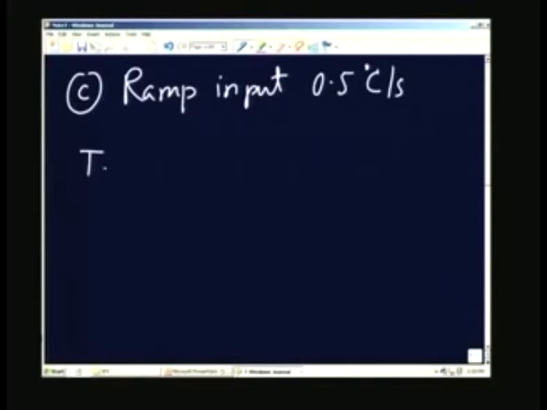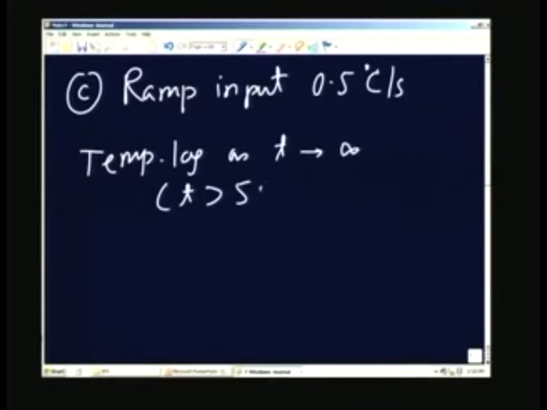So, we will say that is the temperature lag as t tends to infinity. In this case, t must be greater than about 5 tau, let us say, and tau is almost 1.2 second. This will be equal to 5 into 1.2 roughly, and this is about 6 seconds.